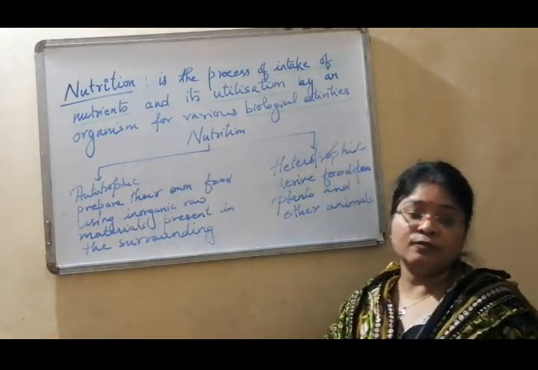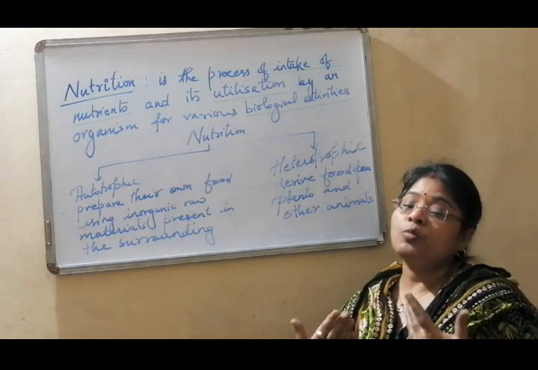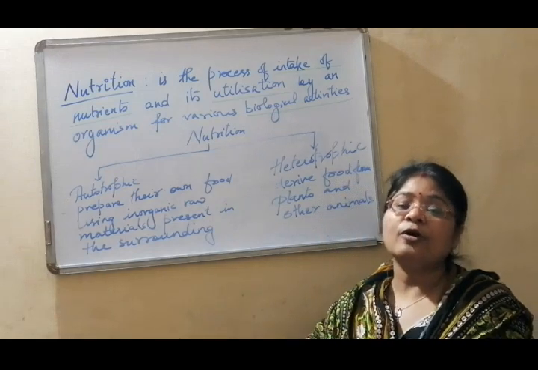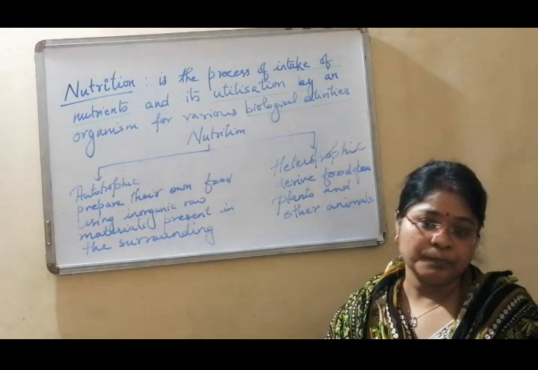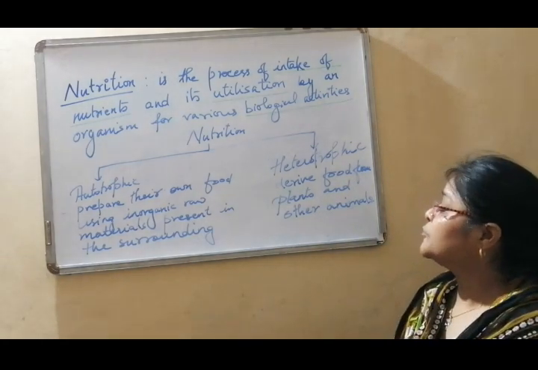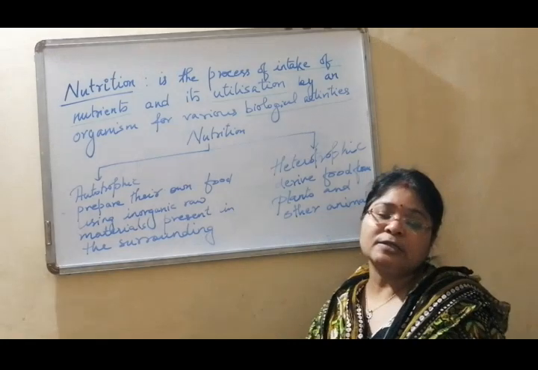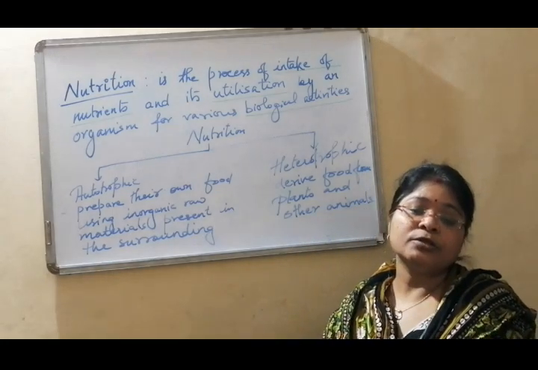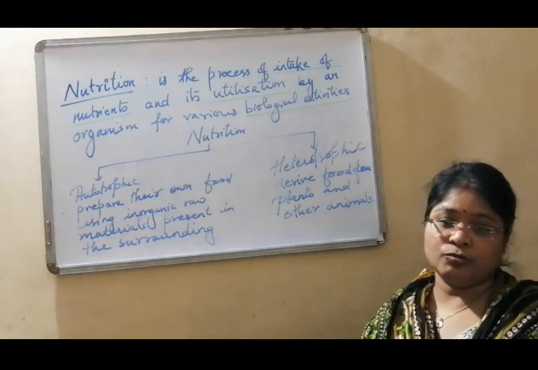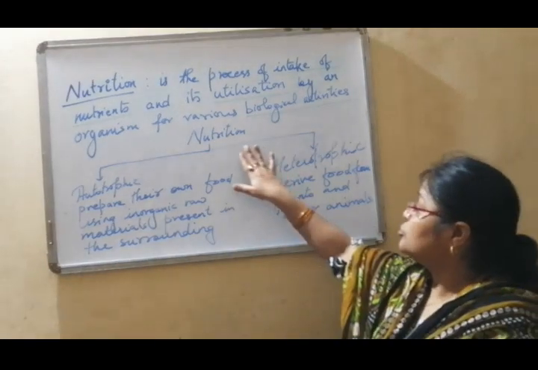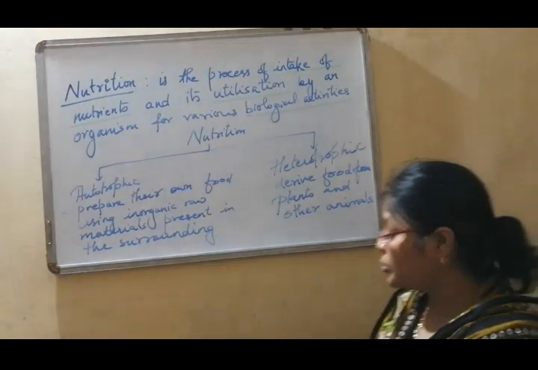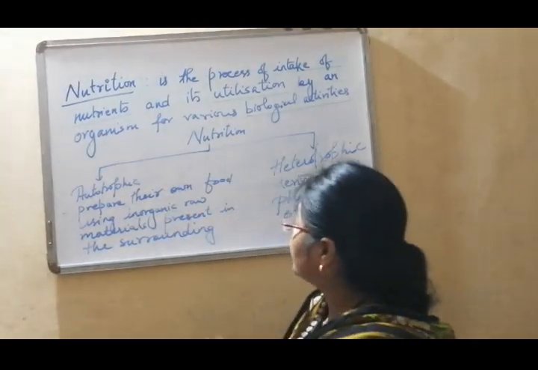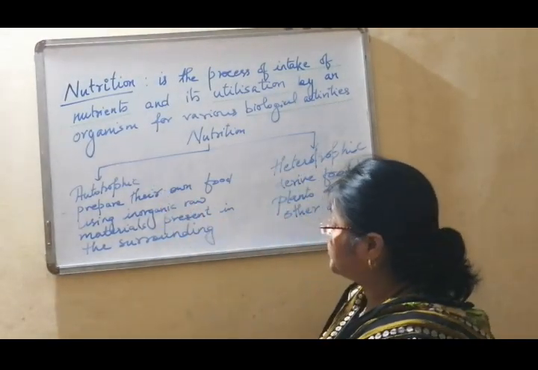Like you intake food and your body utilizes it for doing various kinds of work. Now, let's see the different types of nutrition. Nutrition is divided into two types basically: autotrophic nutrition and heterotrophic nutrition.